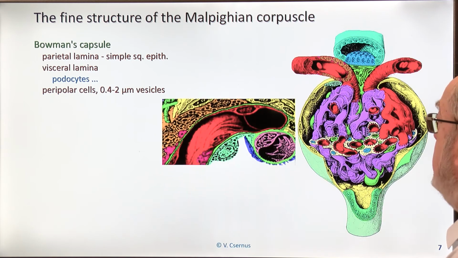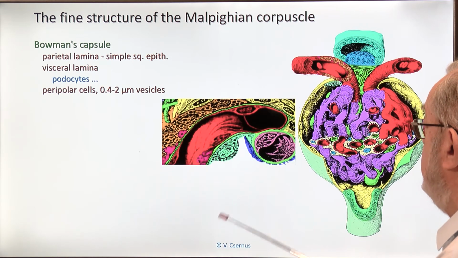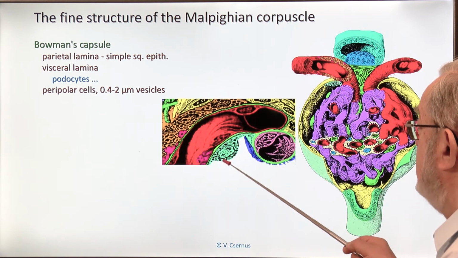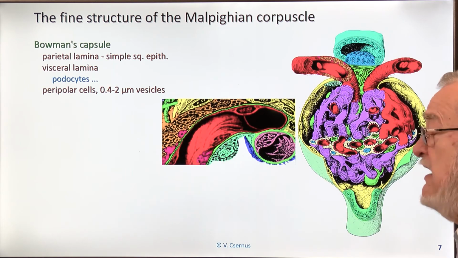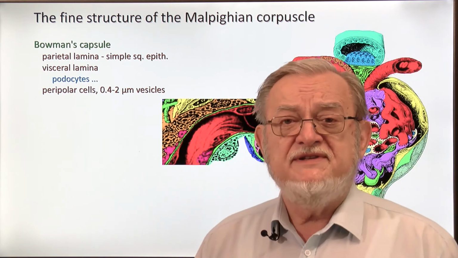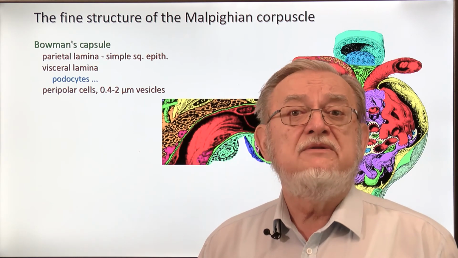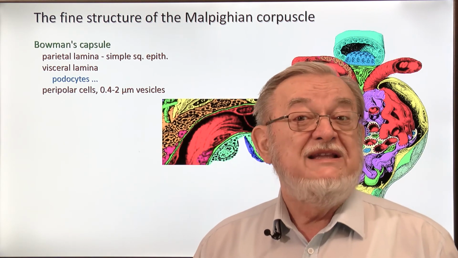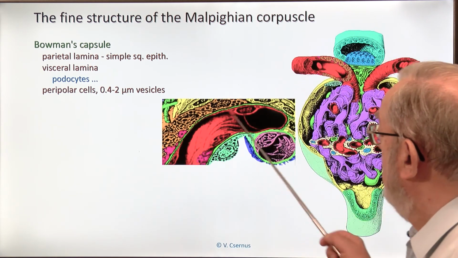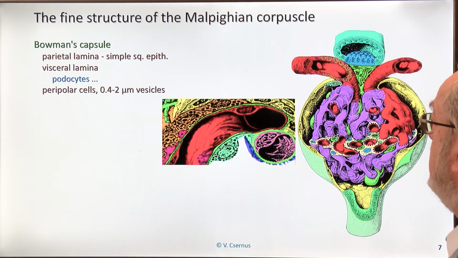It's labeled green in this picture. Interestingly enough, they have vesicles inside the cytoplasm. Very probably they produce some kind of control substances, but up to this point we don't know what. It may be the task of one of you to discover what is the function of these peripolar cells.